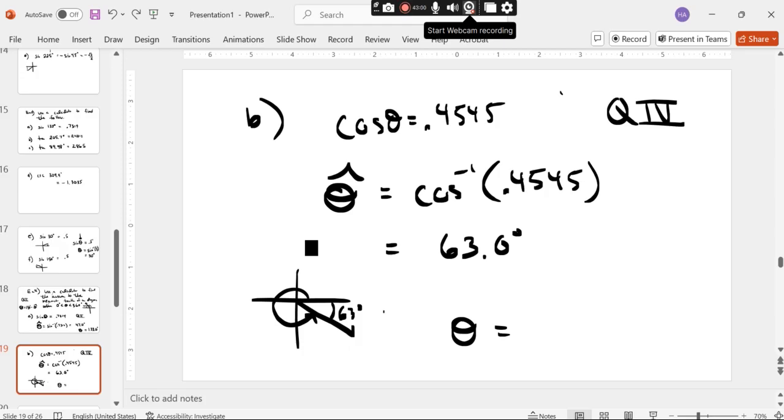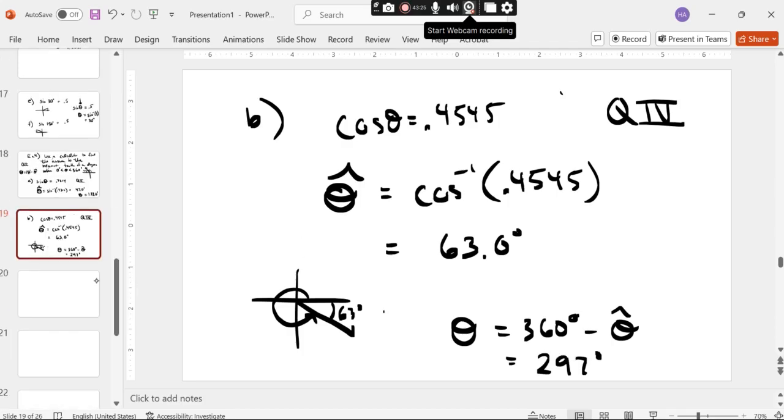Okay, so give me the formula. If I'm in quadrant 4, what gets me 63 and then gets me what I need from here? Perfect, 360 minus theta hat. And in this case, 360 minus 63 is? 297, thank you. Okay.